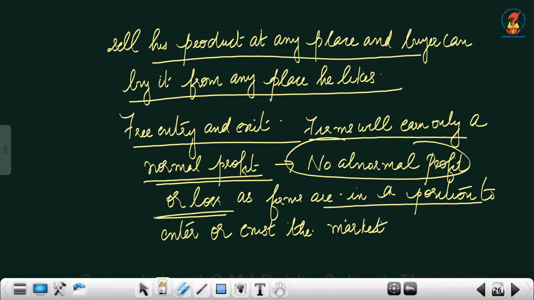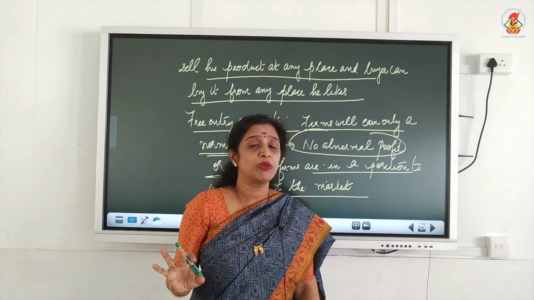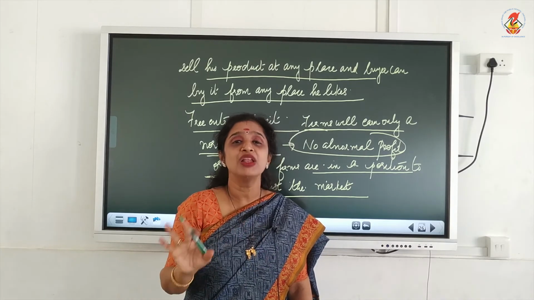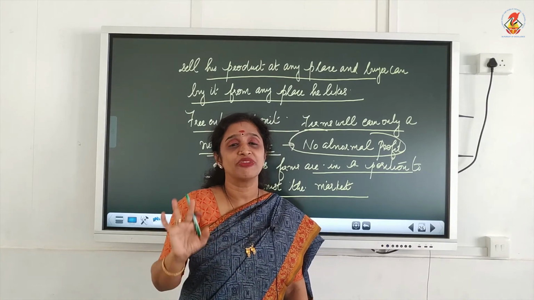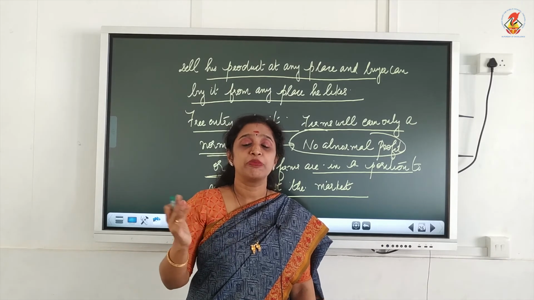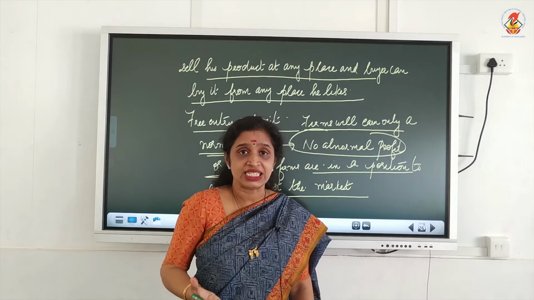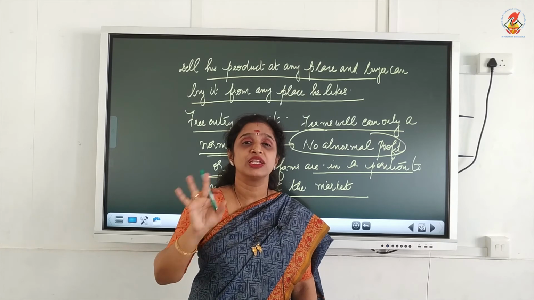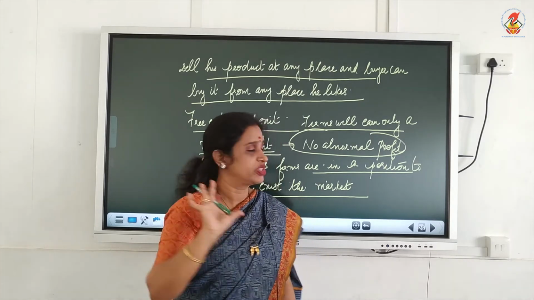At any time the firms can enter or exit the market. Therefore, due to the free entry and exit, abnormal profit and loss will get adjusted and all the firms will experience only a normal profit.